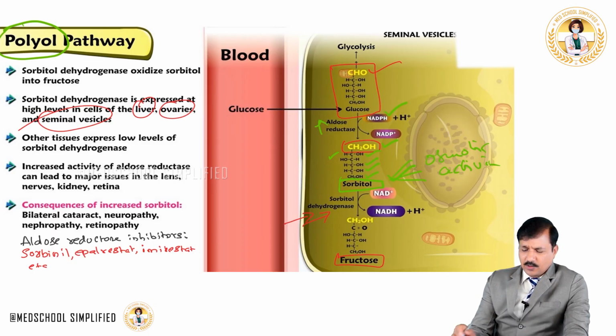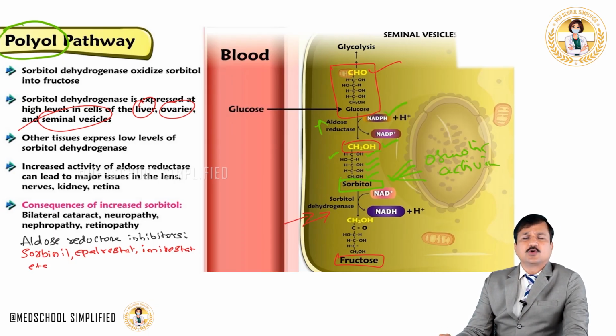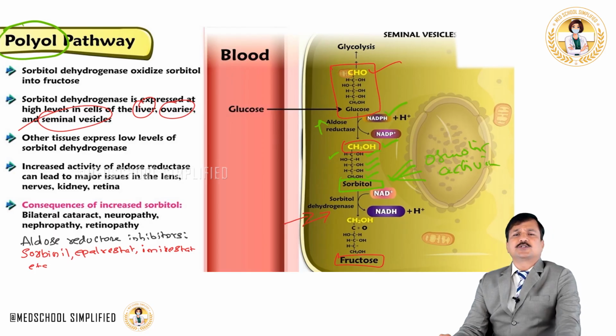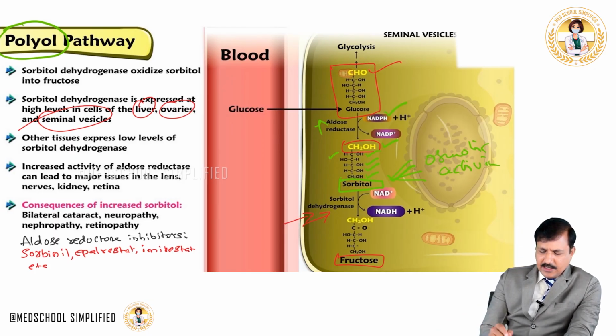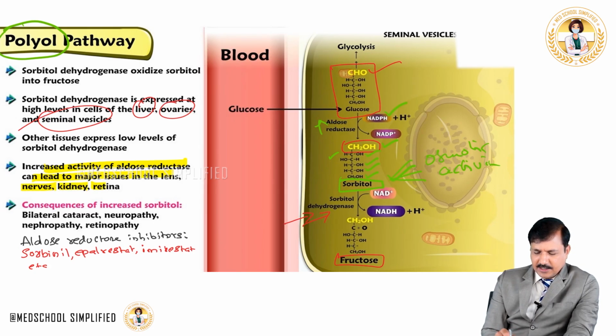That's why once the tissues convert glucose into sorbitol, most of the tissues simply accumulate sorbitol, except liver, ovaries and seminal vesicles. That's why increased aldose reductase enzyme activity will lead to major issues in the lens, nerves, kidney and retina.